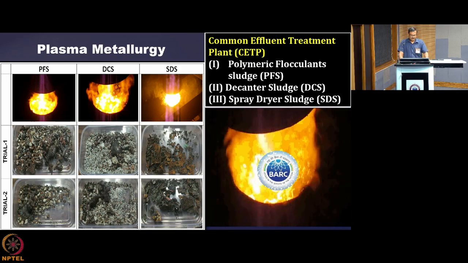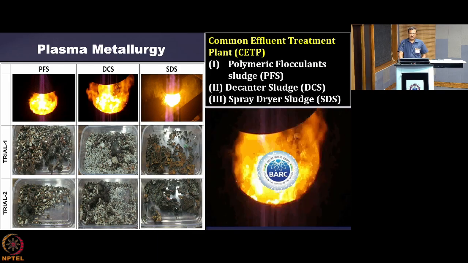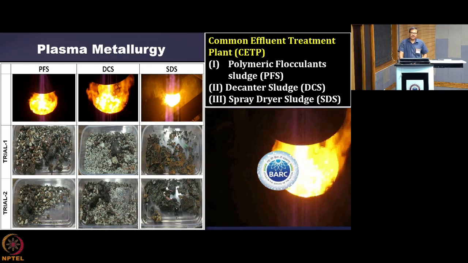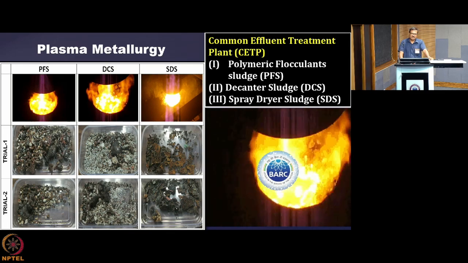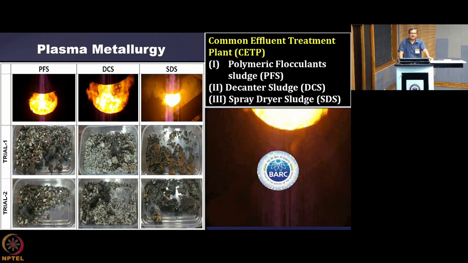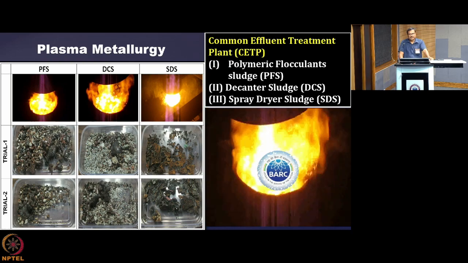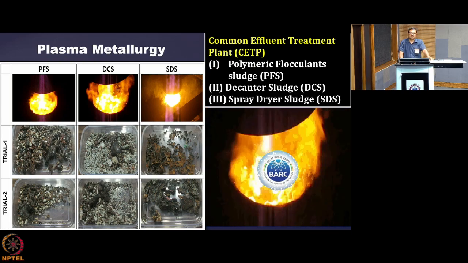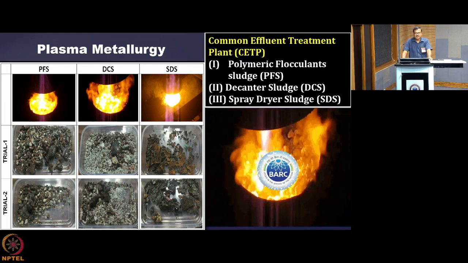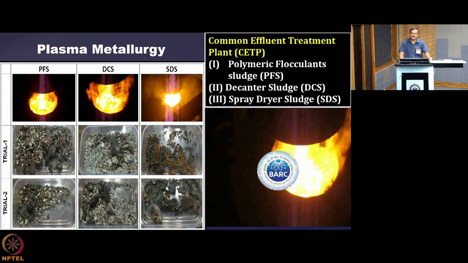So hello everybody. We are in our next class and we are discussing real life examples of plasma applications. We are dealing with sludge treatment using plasma, and we are finding that it is a one-step process.